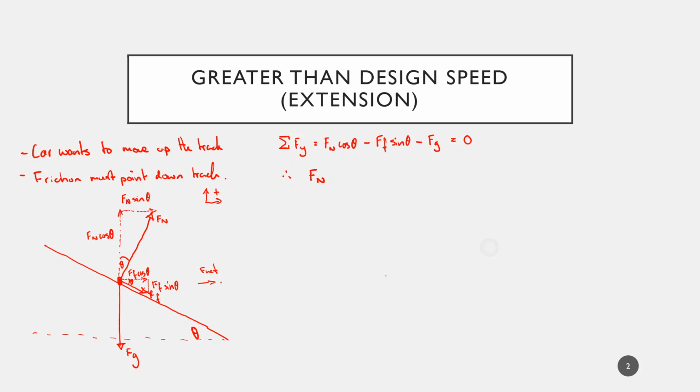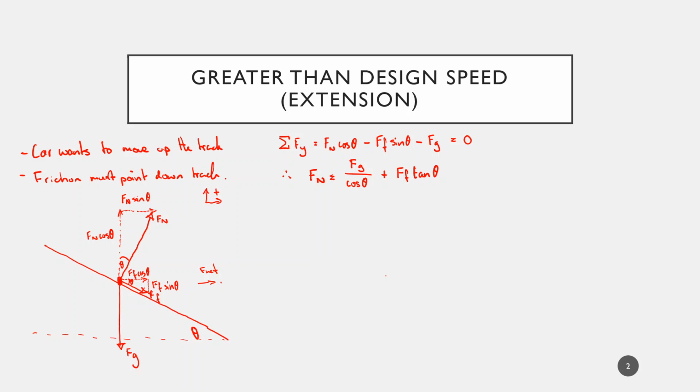So we will get Fg over cos theta, but we'll also get friction sine theta over cos theta. And you've got to remember sine over cos gives you tan, so we can write that succinctly as tan theta. So there we go. We've got an expression for the normal force in terms of gravity and friction.